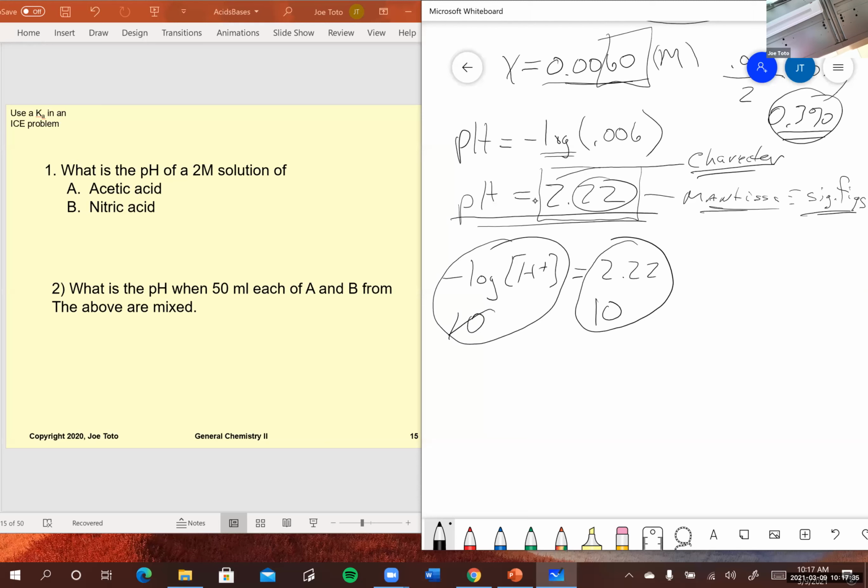That'll get rid of these. And let's bring that negative sign over here from here. So H plus is going to equal 10 to the minus 2.22. And if you punch that in your calculator, it should come out to, I hope, 0.0060 or whatever it comes out to. Let's see.